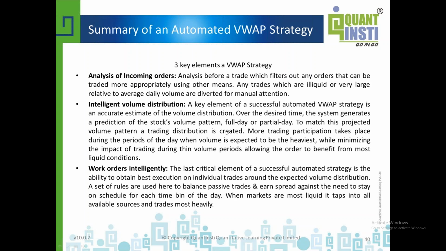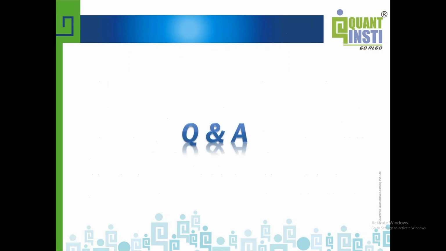Volume distribution is what your system should automatically calculate: how many orders were filled at what price, and to calculate the VWAP. And obviously the final component would be to fire orders intelligently. If the current price is higher than the VWAP price, then you would want to fire a sell order.